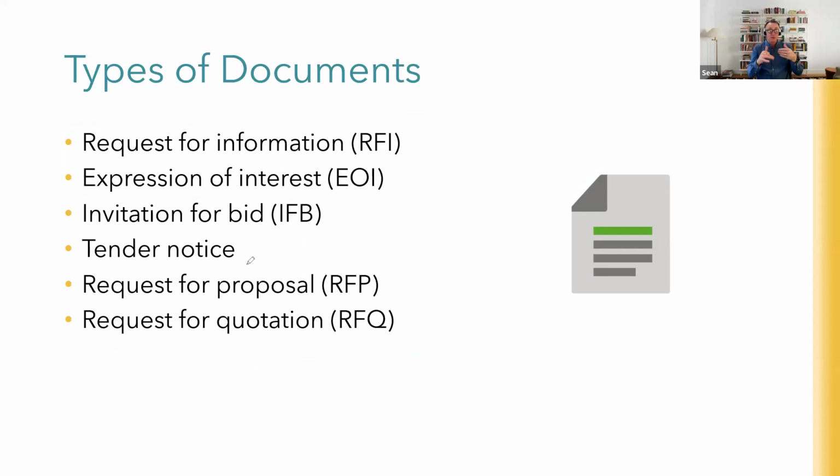We'd like you to bid for it, or we'd like you to submit a tender for it. Your terminology may be different depending on the country that you're in. And you may ask, as part of that process, for a formal request for proposal or request for quotation. And in these instances, what you're asking for is an actual proposal from them that if you choose, you can accept, or you can negotiate it further.